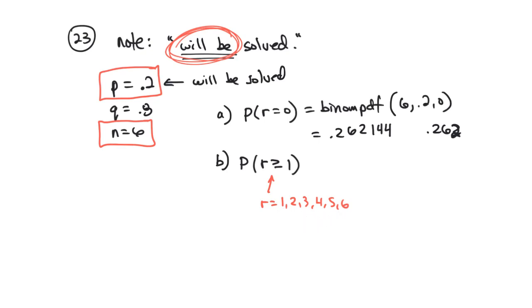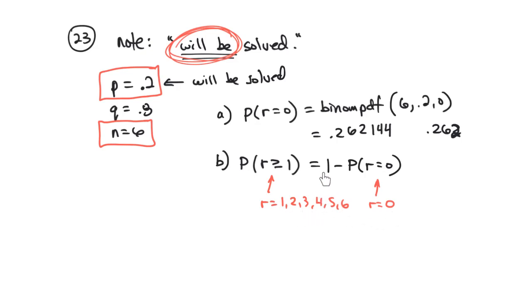So what we typically do instead is we go 1 minus the probability that R equals 0. Right? Because that gets the only one that's not counted here. This gets 1 through 6, the only thing missing is 0. Well, we know if we add up all of these and 0, we have to get 1.